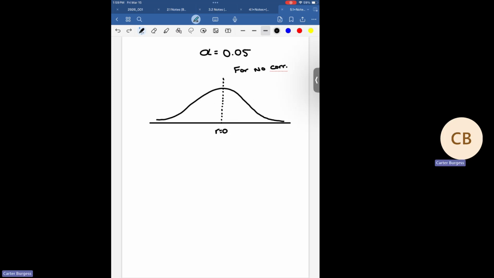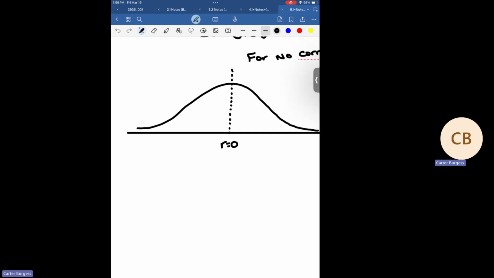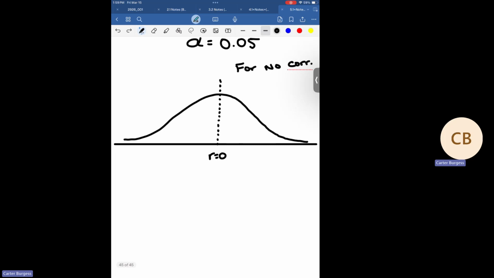Okay. So what this 0.05 is communicating is I only want 5% of my graph to account for these oddity variance pieces.